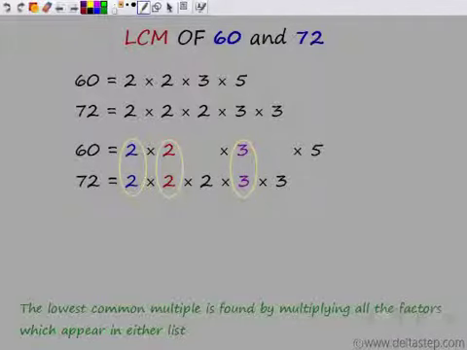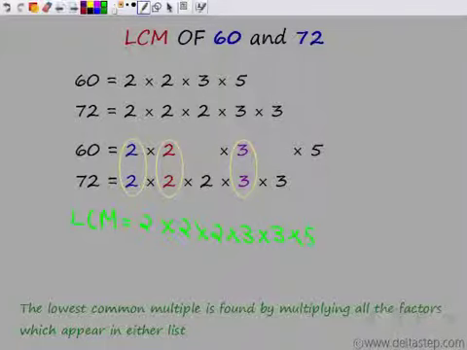So LCM would be, since 2 is common to both, you write it only once. Again, 2 is common to both, you write it only once. Then you write the leftover numbers also. 3 is common to both. This 3 is not common to both. You write that also, and then 5.